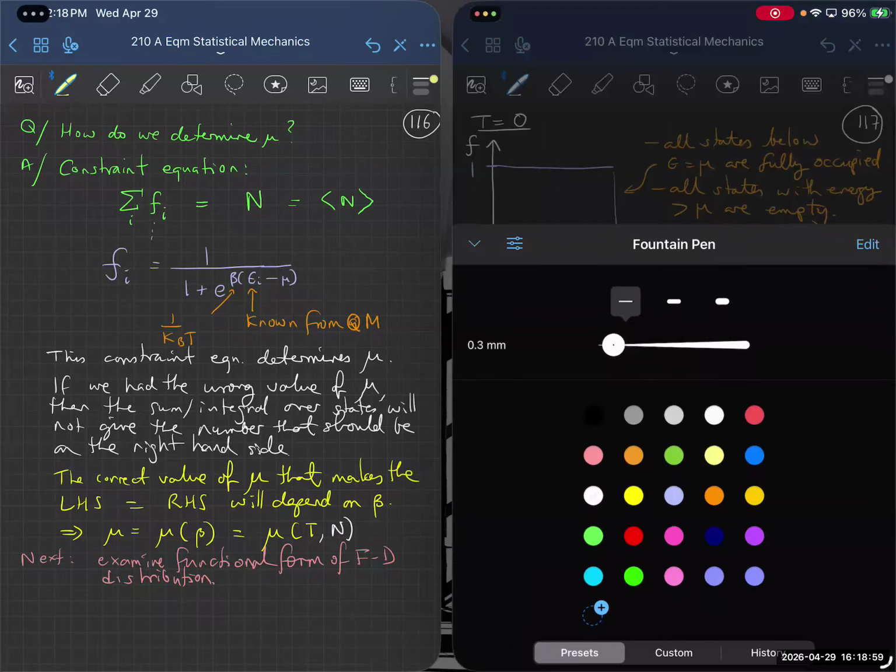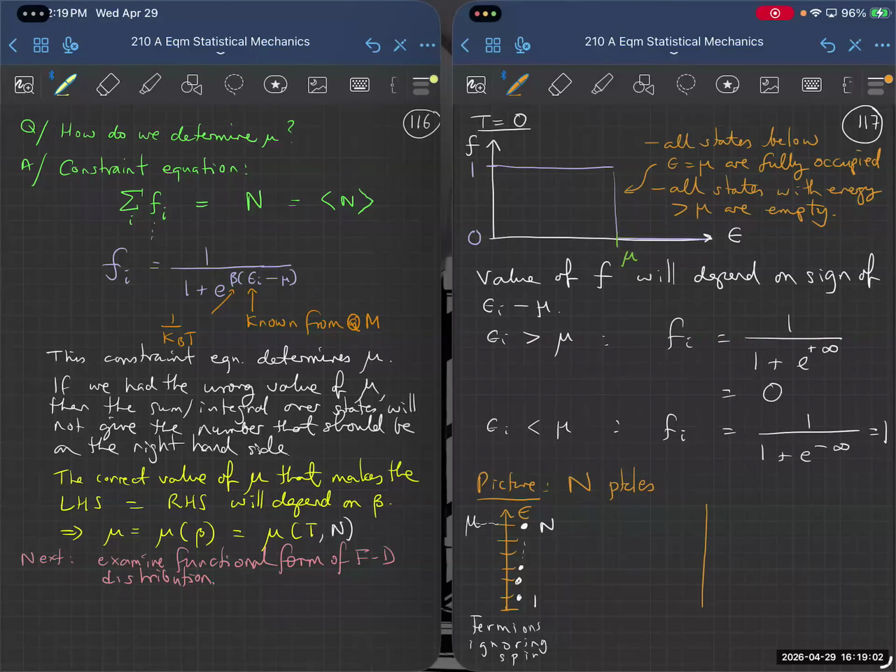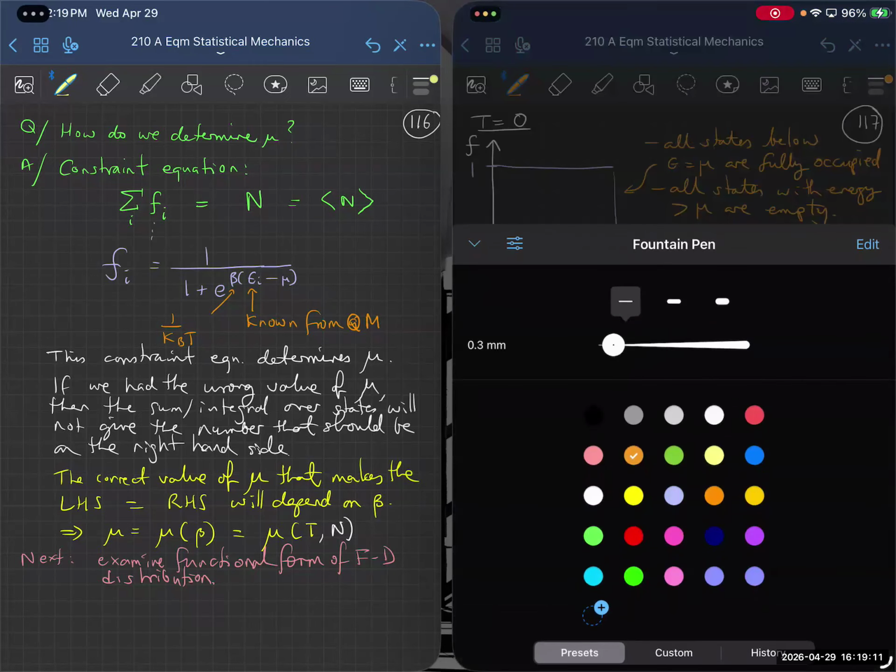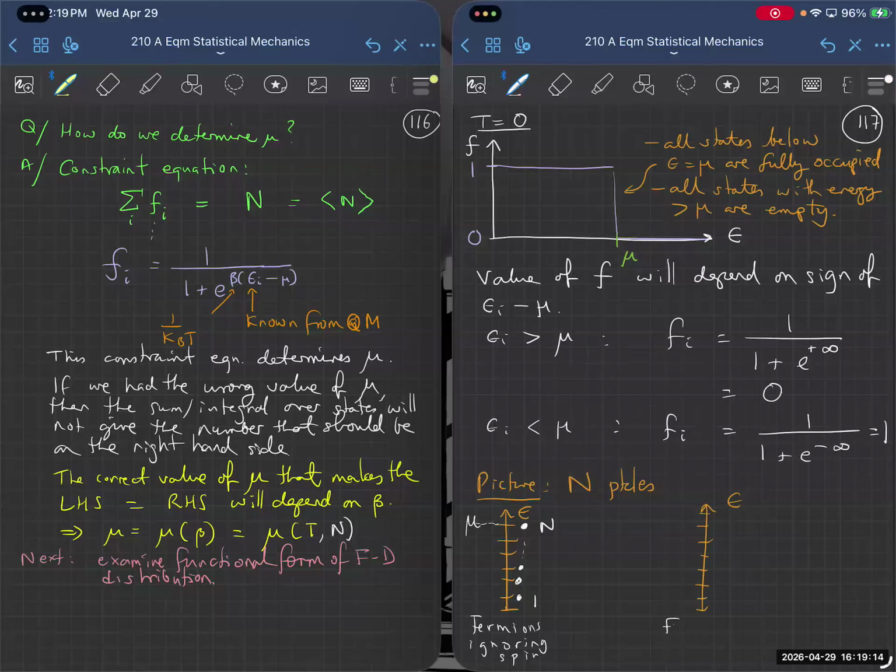If I draw the same picture with, say, spin 1/2 fermions, which is what you would have if you had electrons, for example, then the degeneracy is 2s plus 1, which is equal to 2.